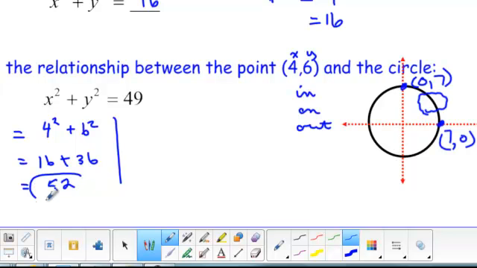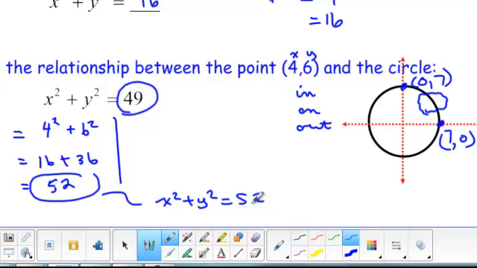Now we need to compare 52 and 49. If I had the circle with the equation x squared plus y squared equals 52, it would pass through the point 4, 6, because 4, 6 would work in that equation. But that radius squared is bigger than this radius squared. So this point must therefore be outside the circle.